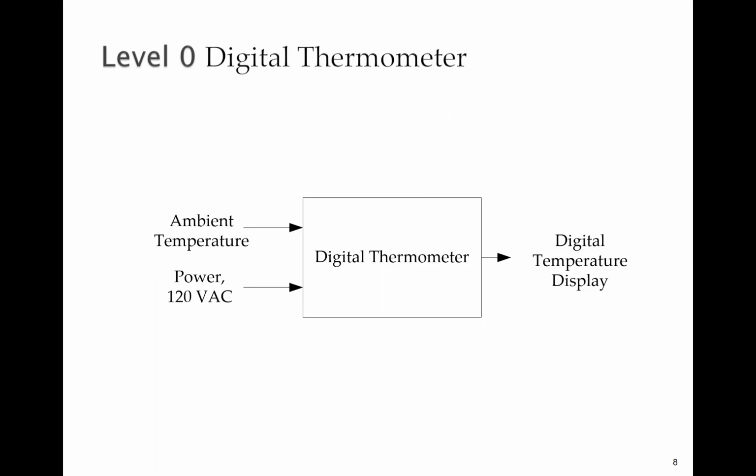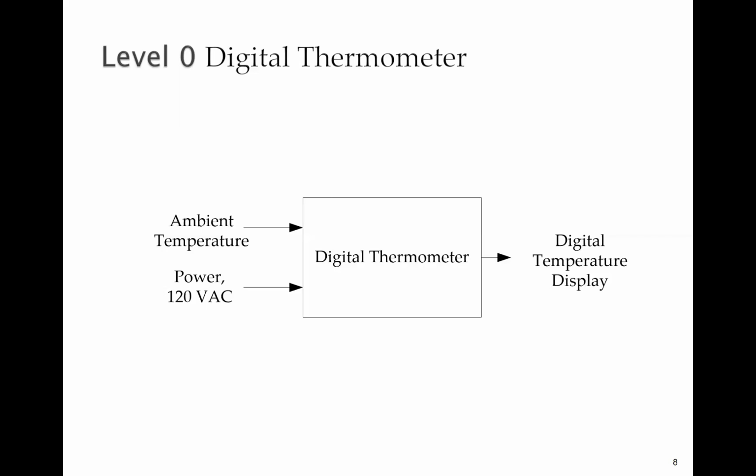Power we apply to the thermometer, and the output should be a digital temperature display. So that's the highest level, the simplest design level. So we have to then divide this into modules.